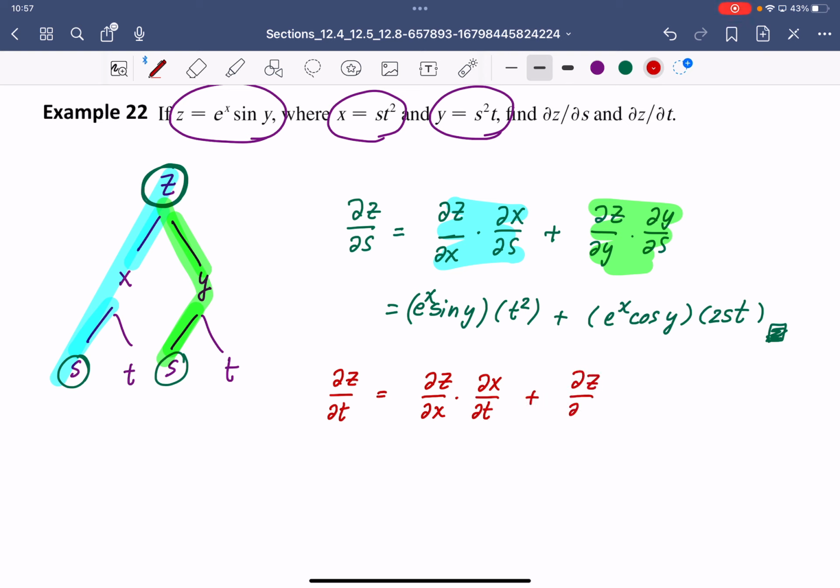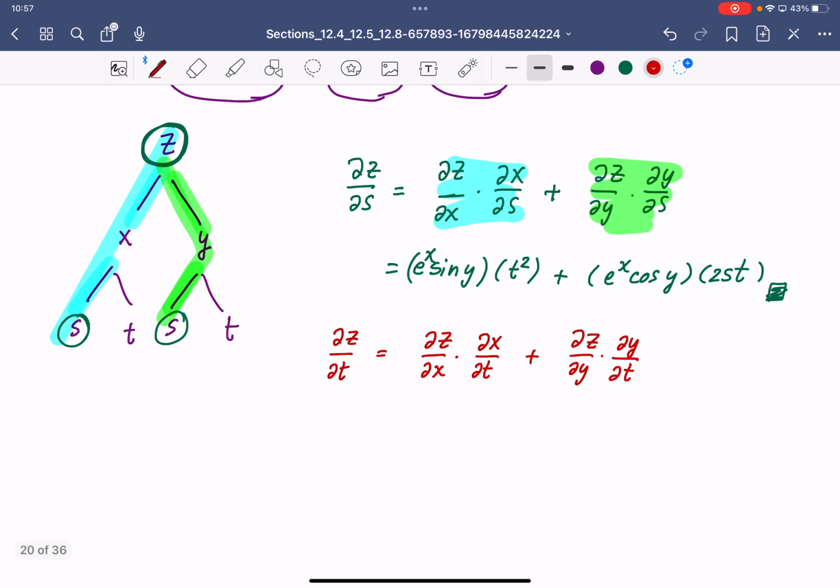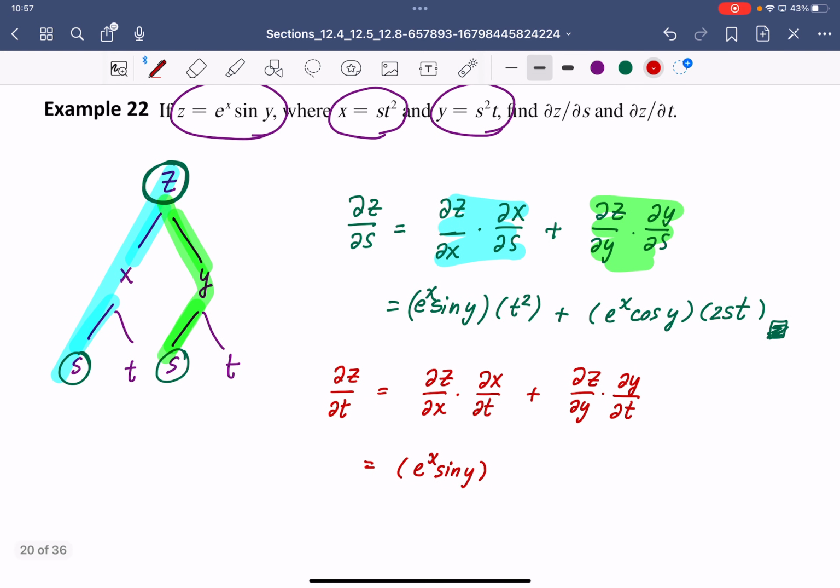You're going to do the same thing here. Now ∂c/∂x is e to the x sine y, the same as the top part, but ∂x/∂t gives 2st.